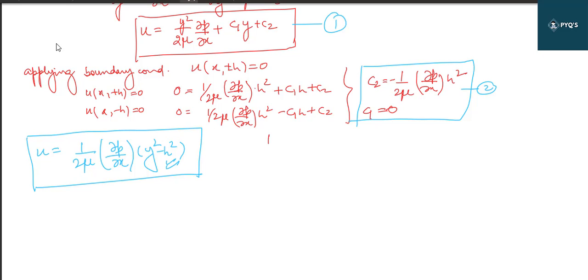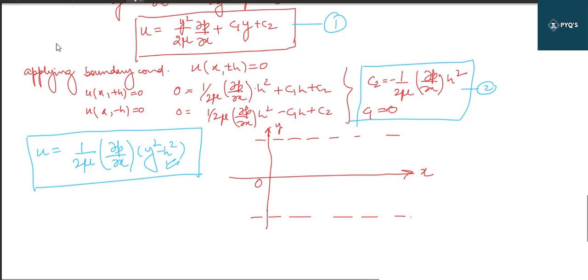Now if we draw the velocity profile here, with x direction and y direction and this as the origin, the velocity profile from minus h to plus h will look like this. It will start from 0 and end at 0 and will be maximum at the center line. So this will go like a parabolic curve.